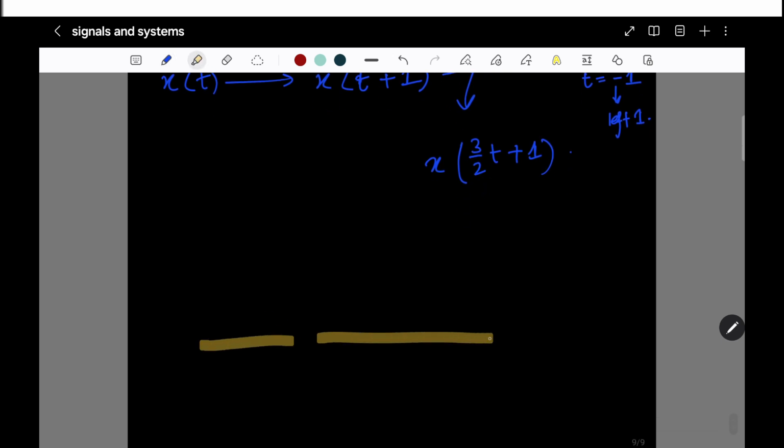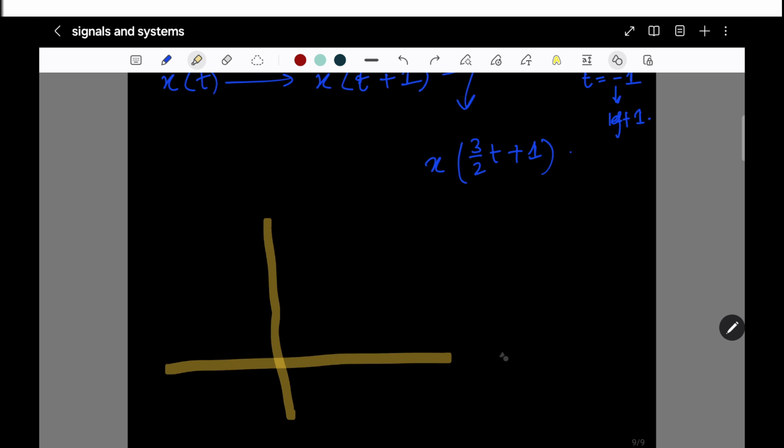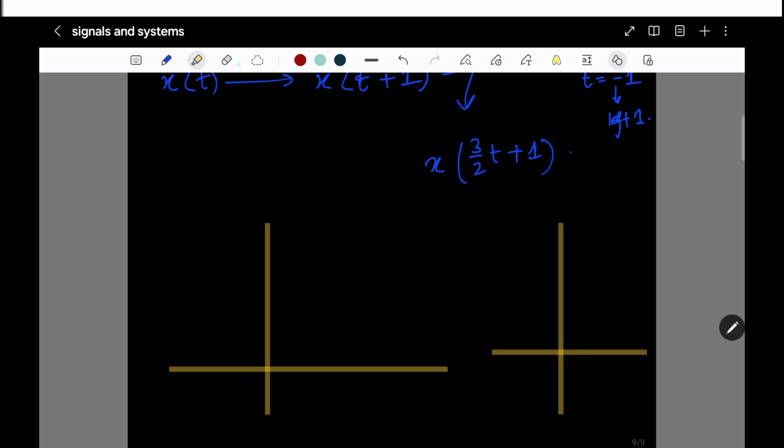So if you look at the first part of this signal, we already know this. Let's draw both signals here. We already know that this is the first part, which is x of t plus 1, in which you have shifted the signal to the left side by 1.